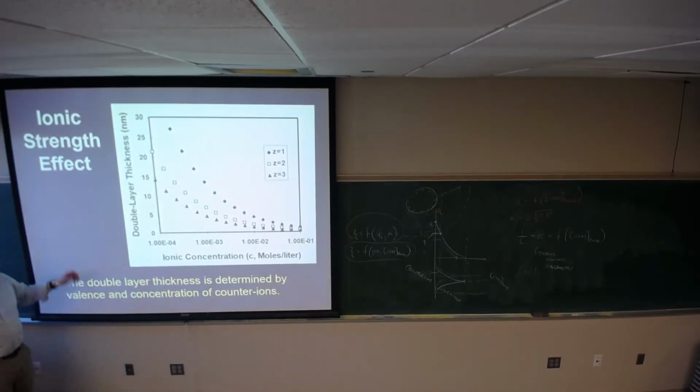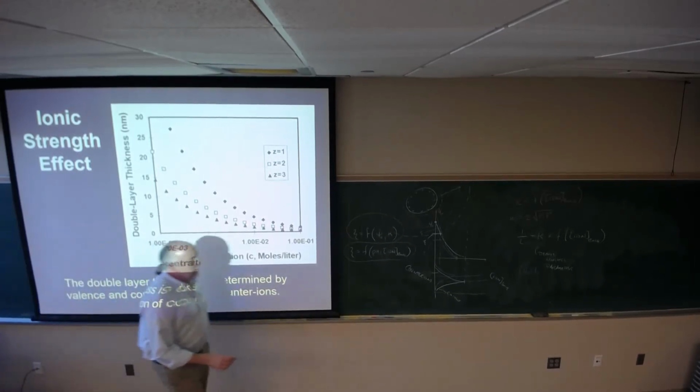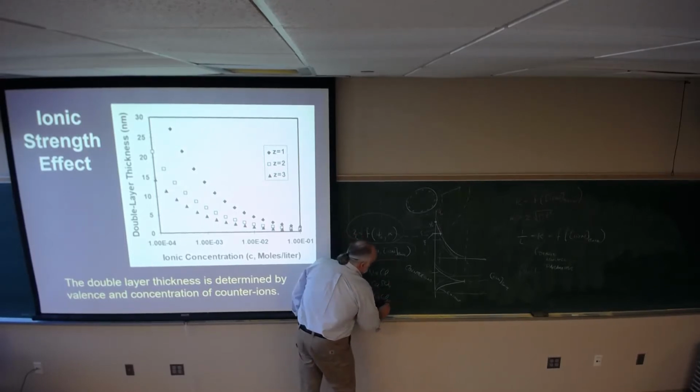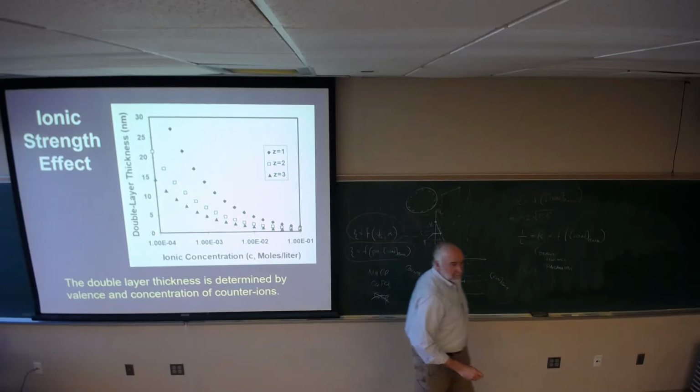This is called the Debye-Hückel approximation, and for this simplistic view it requires that my salts are symmetric. That means I can look at, say, sodium chloride, or I can look at calcium sulfate, but I cannot look at calcium chloride. Does that make sense?